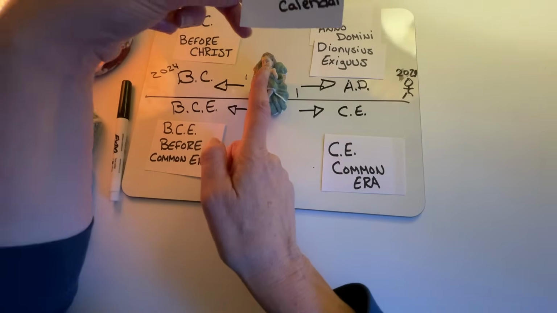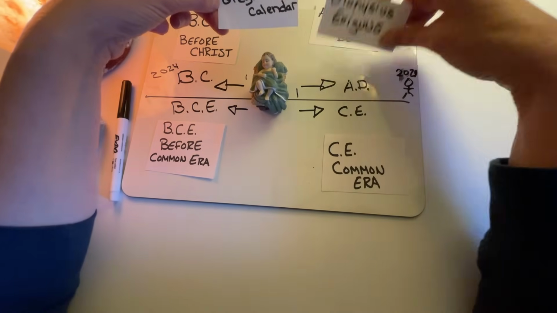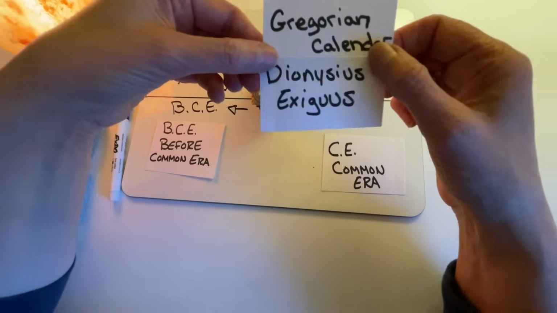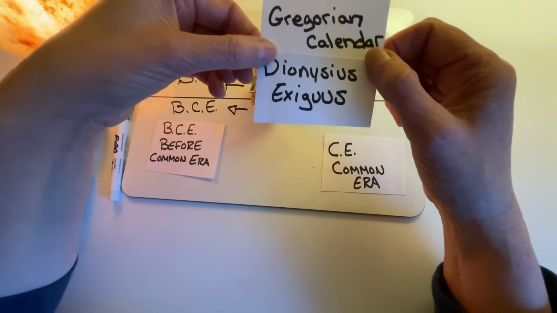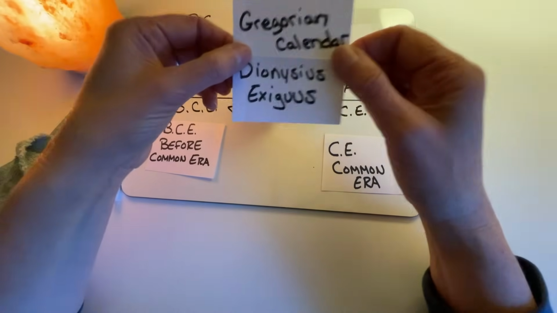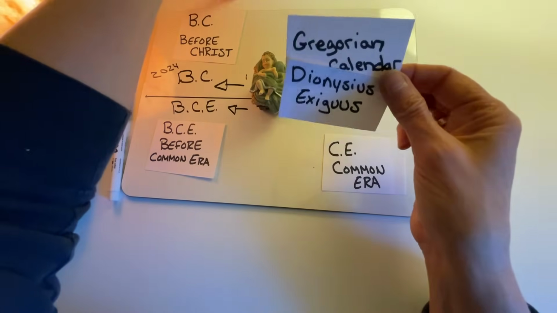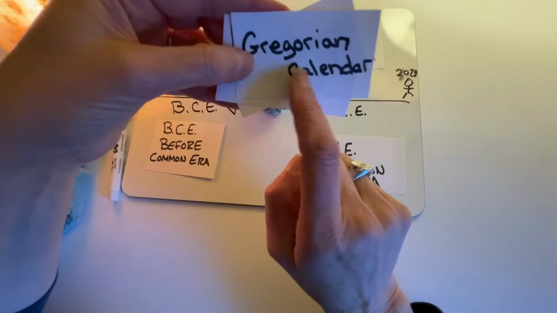And he kept that the first year was the year of Jesus's birth, according to Dionysius Exiguus. I don't know. Okay, so we're going by the Gregorian calendar. And I believe this was in the 17 something.